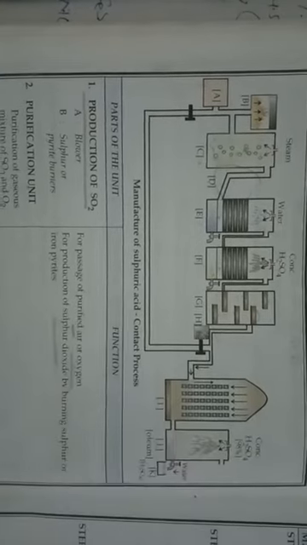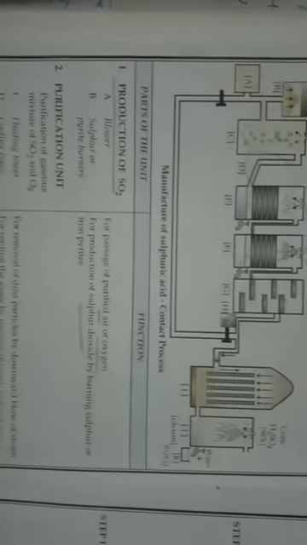Then from here the gaseous mixture is sent to the next chamber, known as the contact tower. Here in the contact tower, catalytic oxidation of the gaseous mixture takes place.